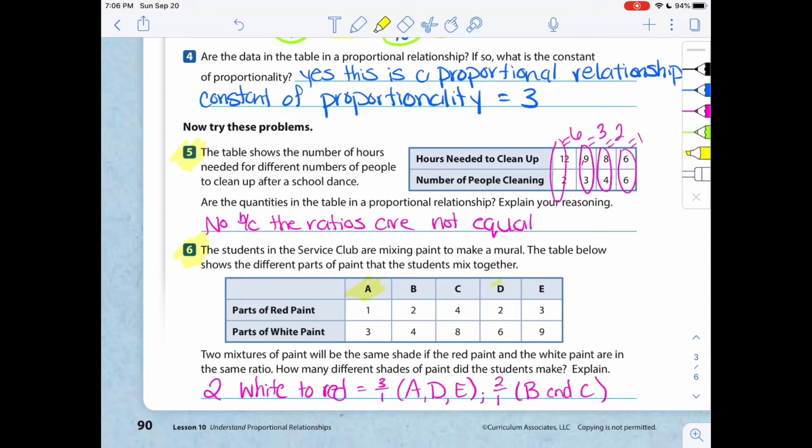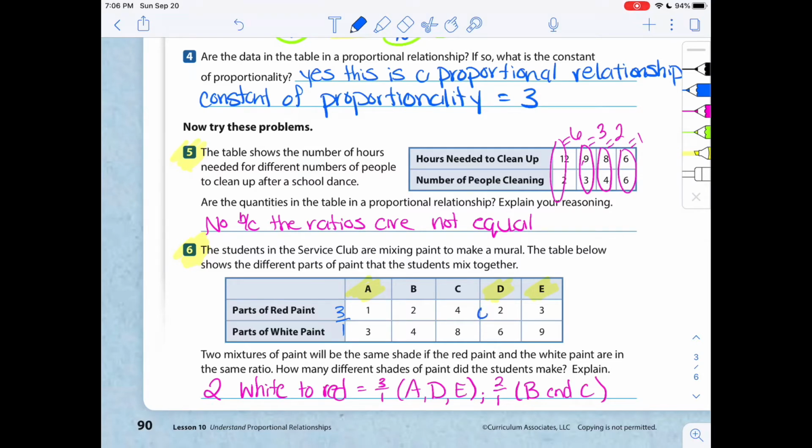So when you look at the ratios, let's look at A, D, and E first. When we look at those, we're comparing the white to the red. So for A, white is 3, red is 1. So 3-1. 3 divided by 1 is 3.